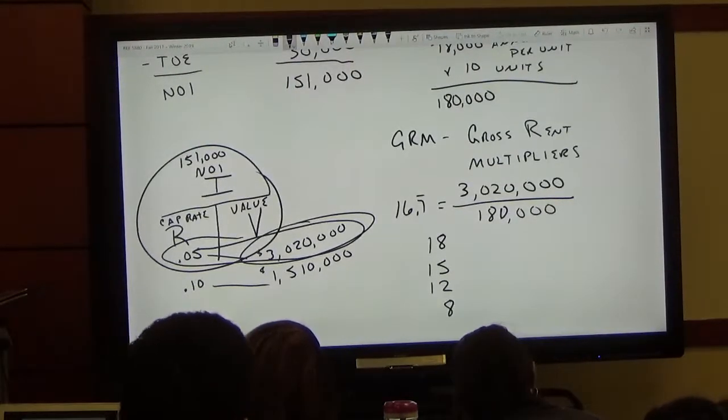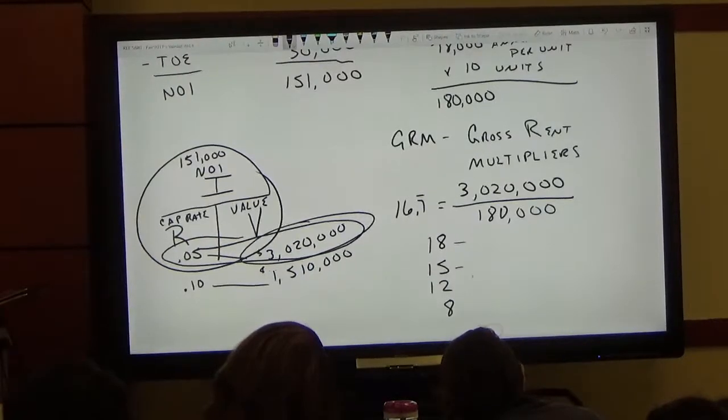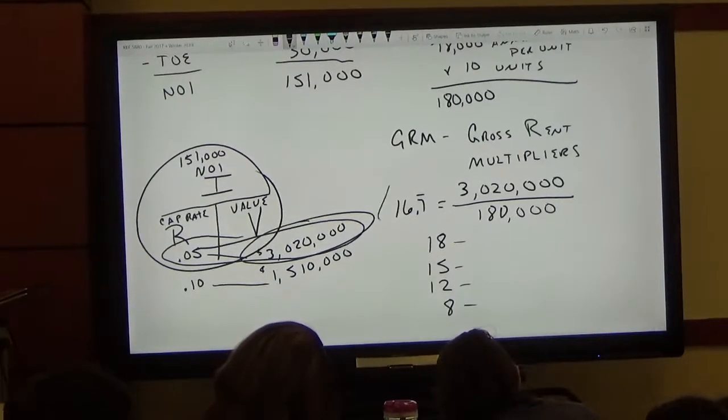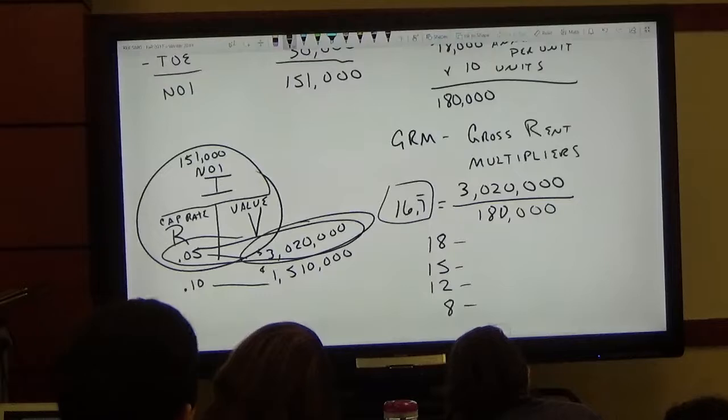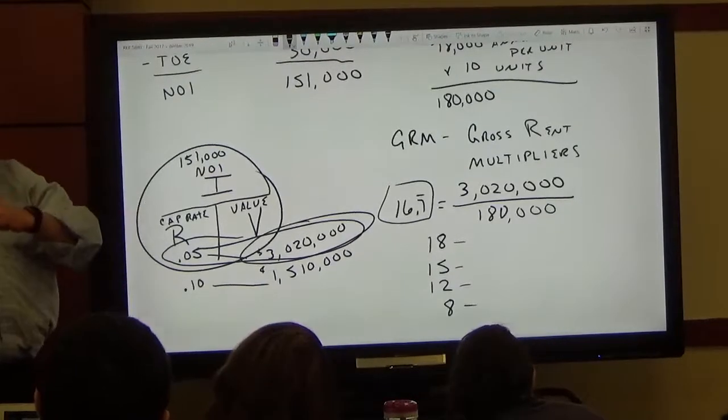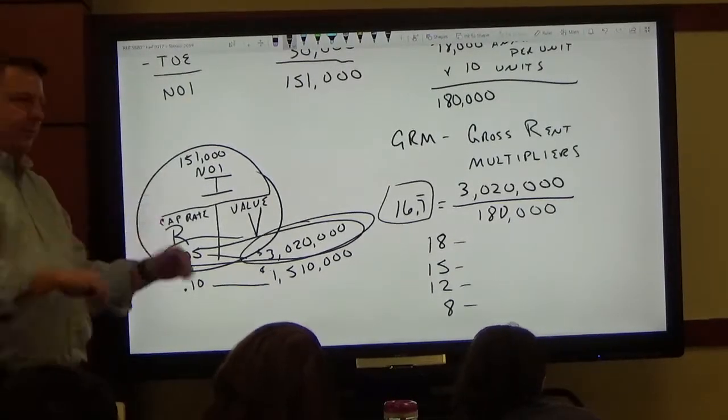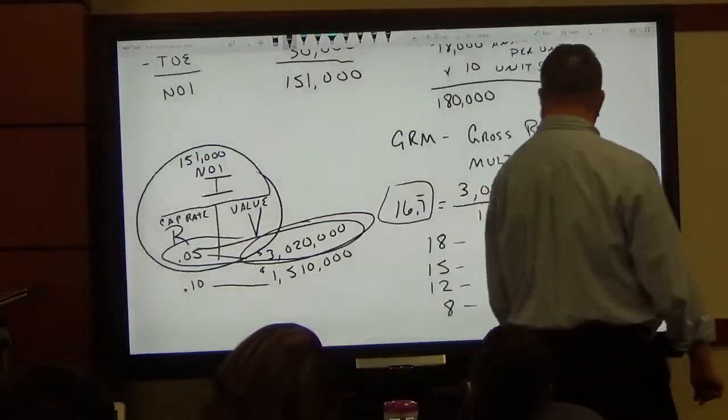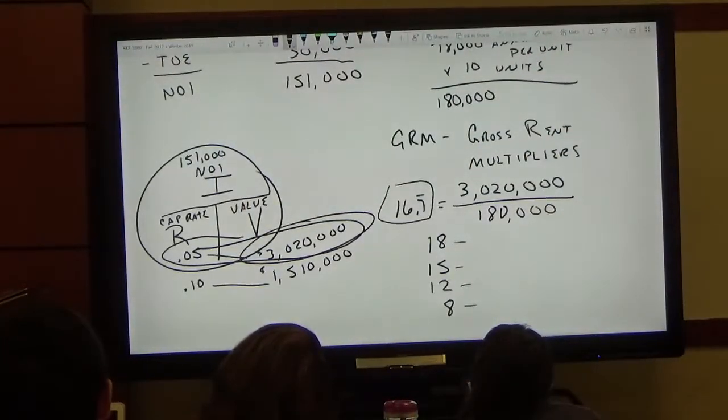So what would these multiples tell us about those properties relative to this one? In other words, which one is better, which one is worse? Think about it. Everything else equal, the one with the highest GRM would have the highest risk.